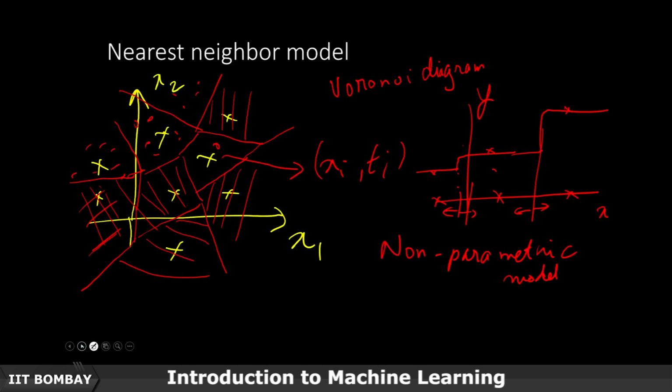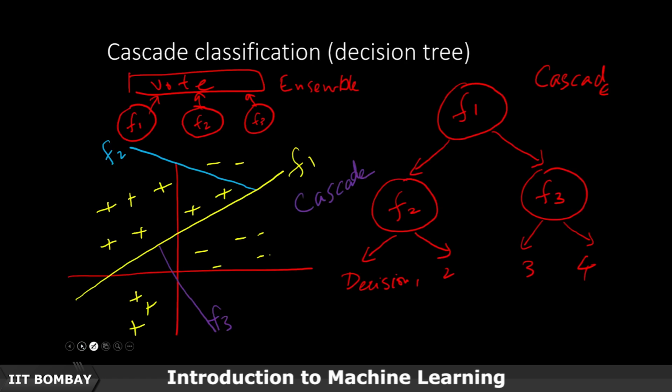Okay, here what we have is that they are not cutting each other. Only if something falls on the top side of the yellow line of the F1 classifier, then we will apply the F2 classifier. If it falls on the lower side of F1, then we will apply the F3 classifier. Okay, so based on that we may get better decisions in a cascade.